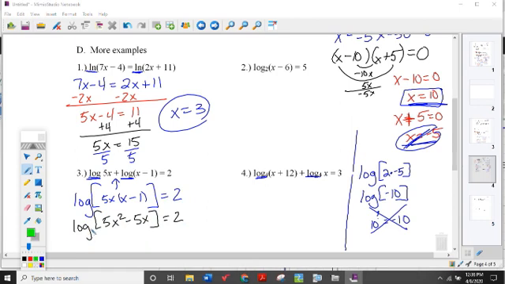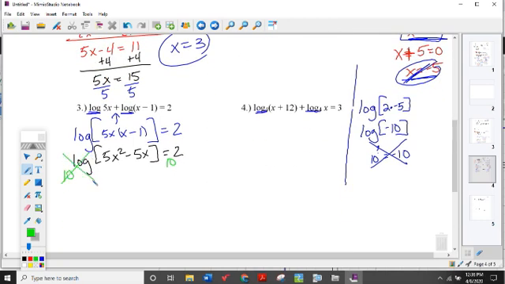Exponentiate each side. Remember, this is base 10, so I'm going to raise each with the power of 10, which means those cancel out. And I'm left with 5x squared minus 5x equal 10 squared. And 10 squared is 100.